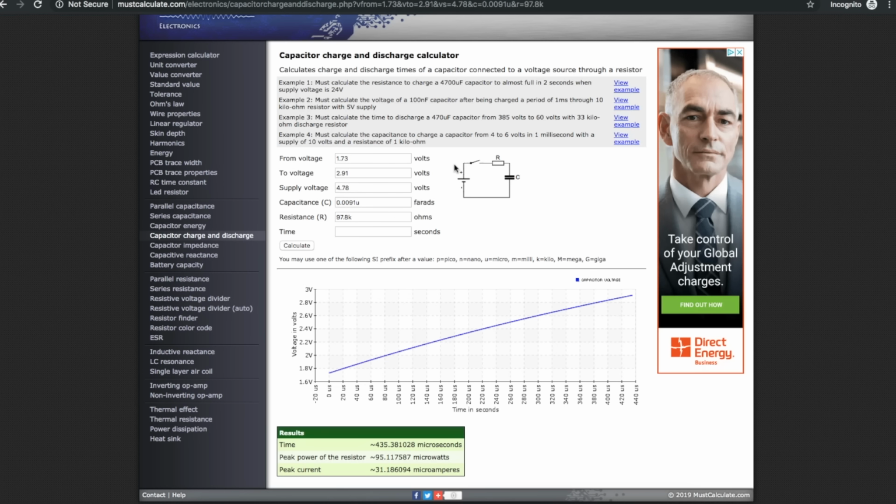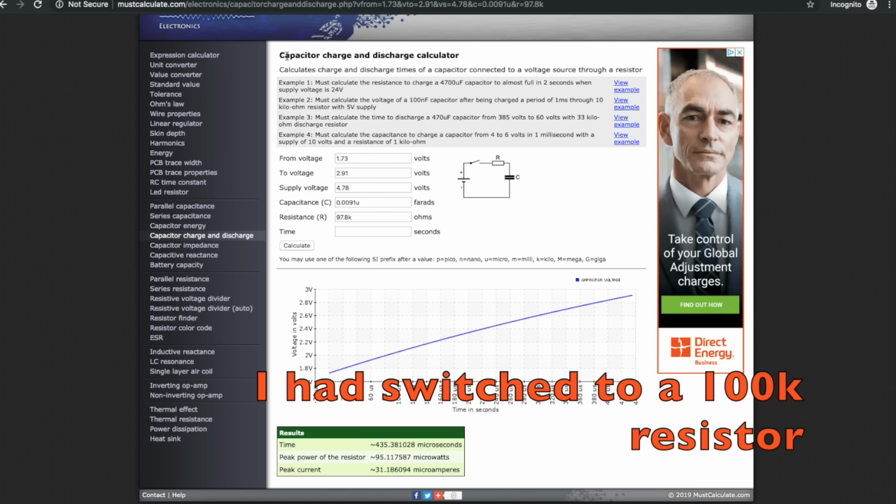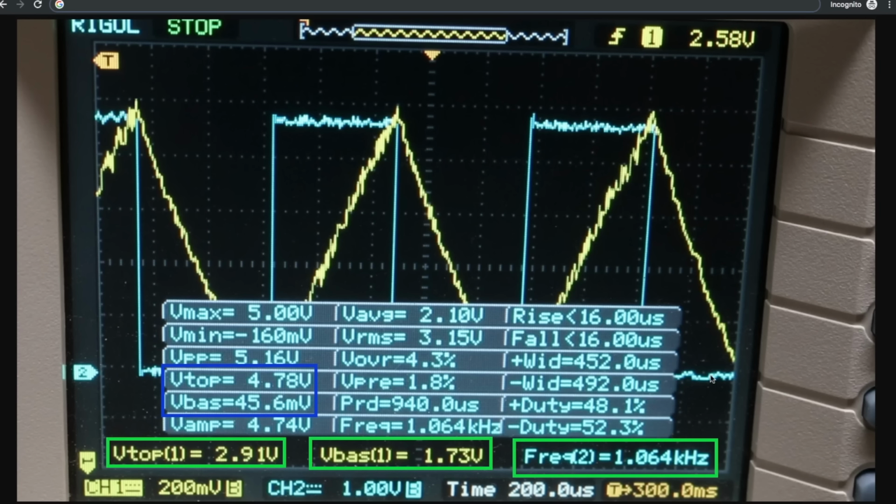Now coming back to this capacitor charge and discharge calculator to compare against the real circuit. So after looking at my circuit's real behavior, my frequency is 1.064 kilohertz.